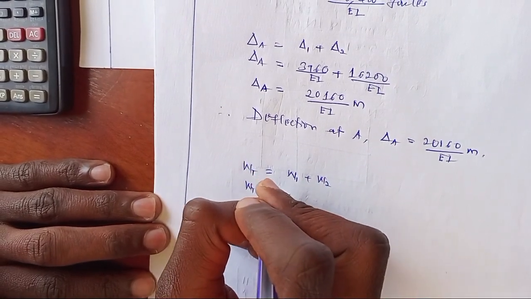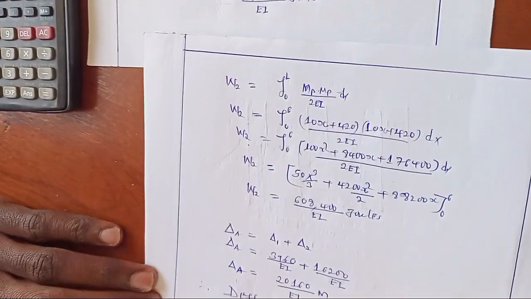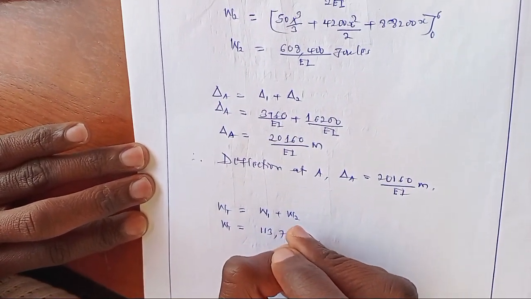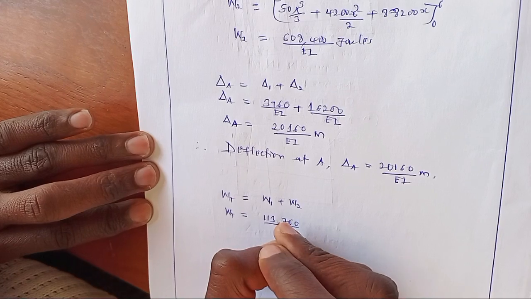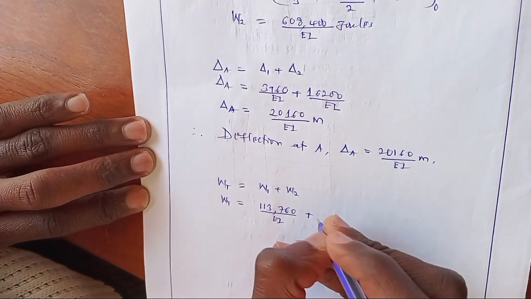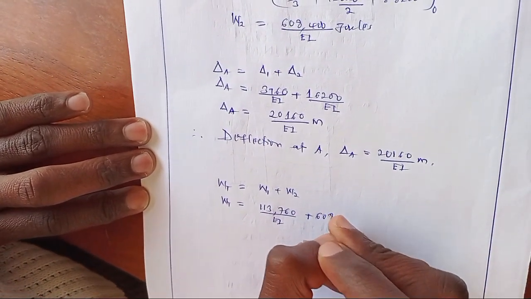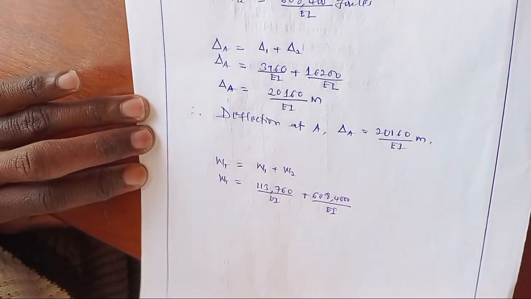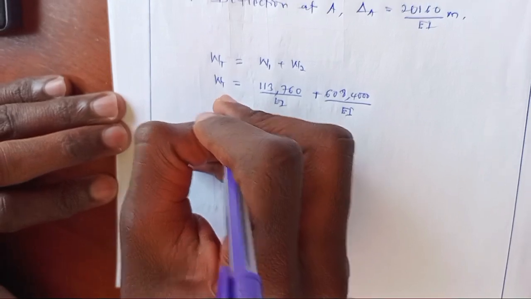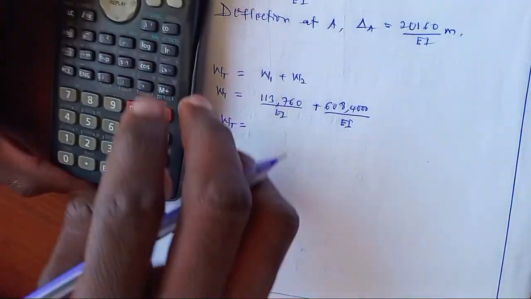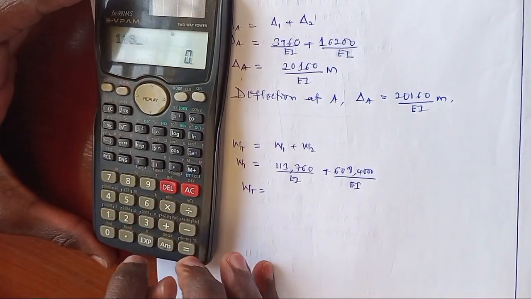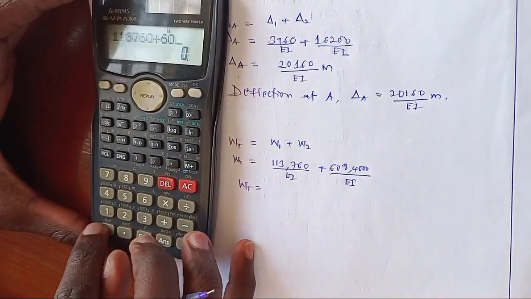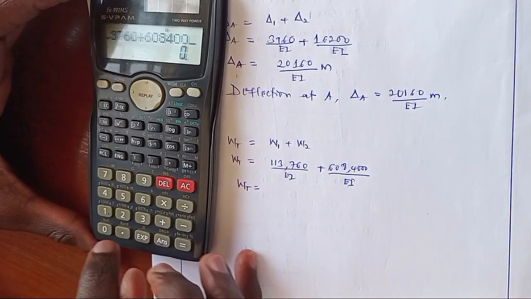The energy for section 1 was 113,760 over EI plus the energy for section 2 was 608,400 over EI. Total energy is 113,760 plus 608,400.